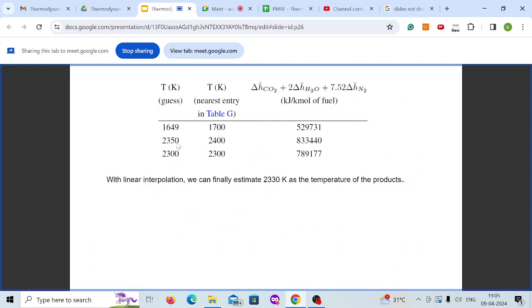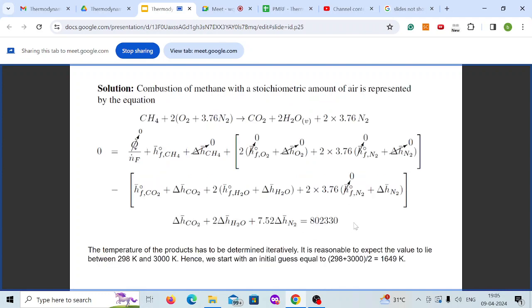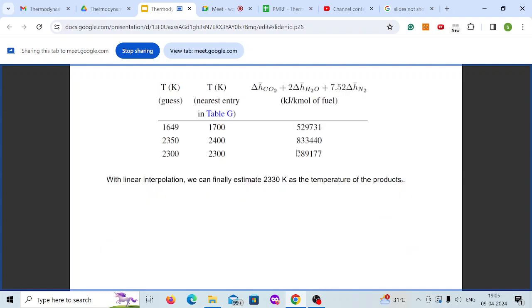So assume 2330, sorry, 2300. Correspondingly your left hand side will come out to be 789177. You see, this is less than the required, but the value which you require is lying between the last two values.